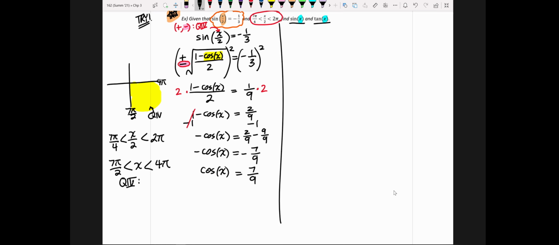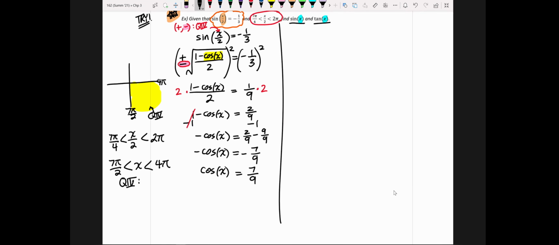Let me point out here that in this problem, it happens that x over 2 is in quadrant 4, and x is also in quadrant 4. That's not always the case, and that's where I see mistakes happen. So sometimes, let's say your x over 2 is in quadrant 1, but your x value is in quadrant 2.